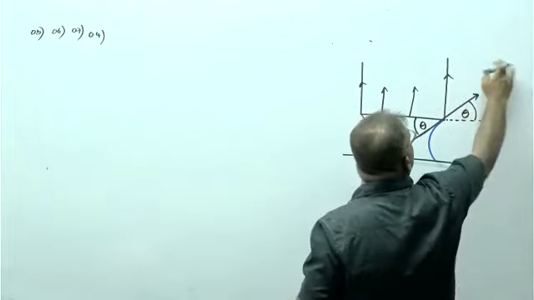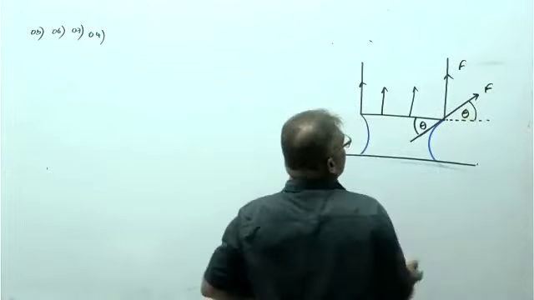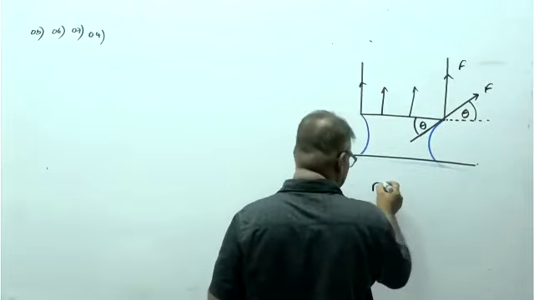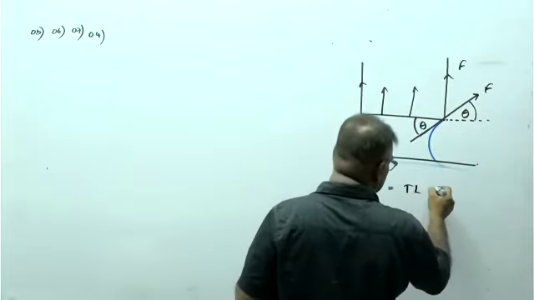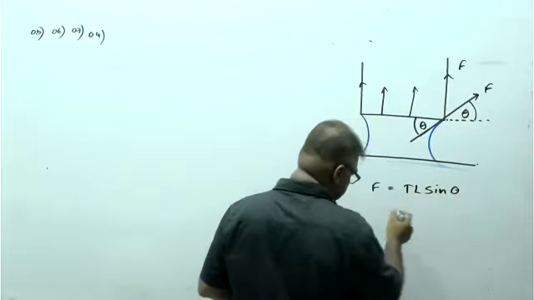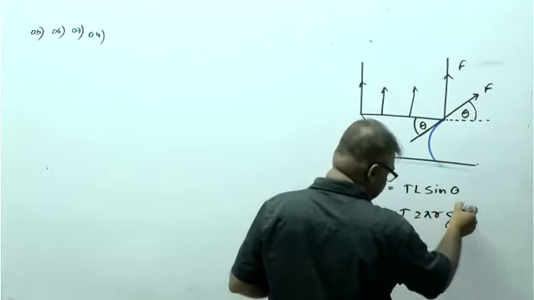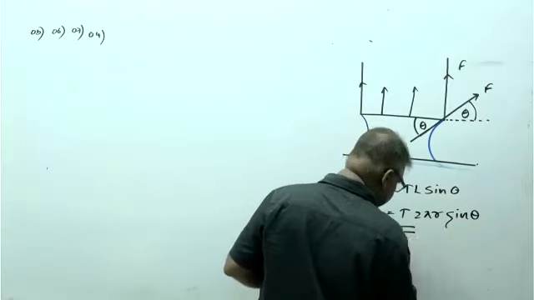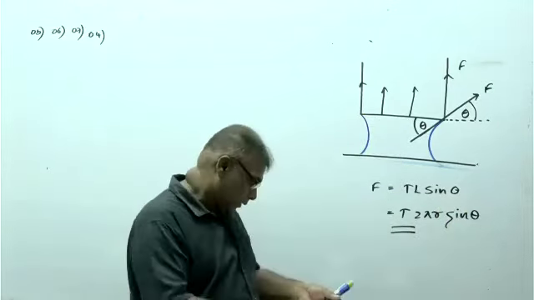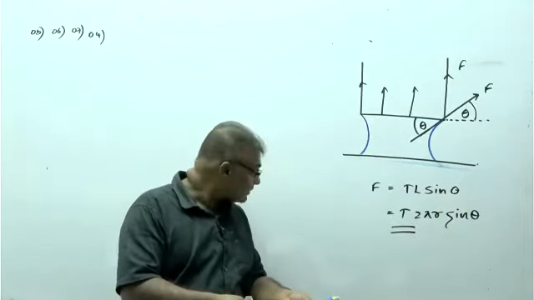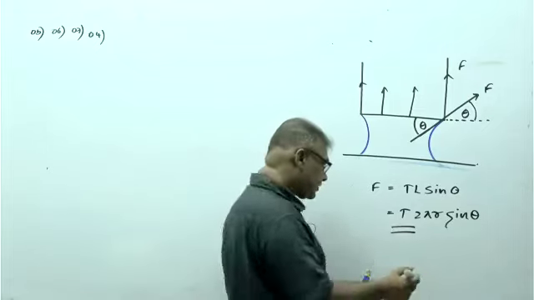The surface tension force is F, right? F should be TL sin theta, where L is 2 pi R. So 2 pi R T sin theta should be the answer. The answer is the first one.